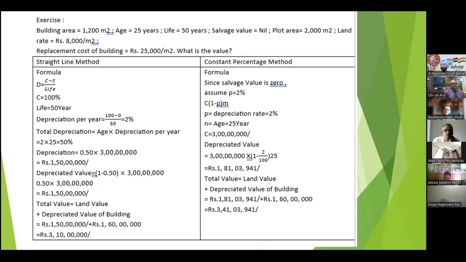Means every year the value of the building is going to depreciate by 2%. Now, age of the building is 25 years. So what will be the total depreciation?